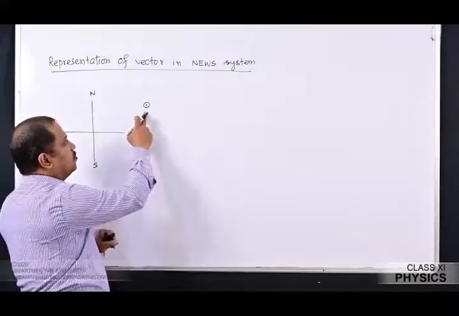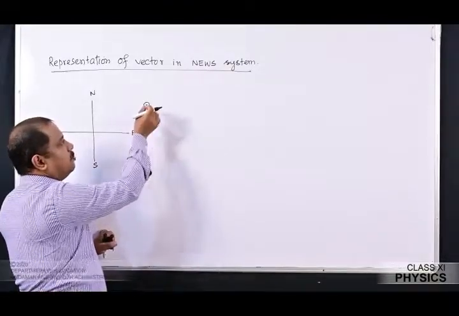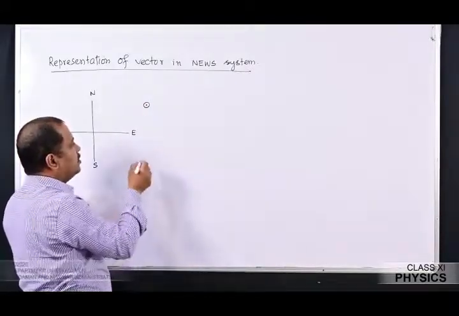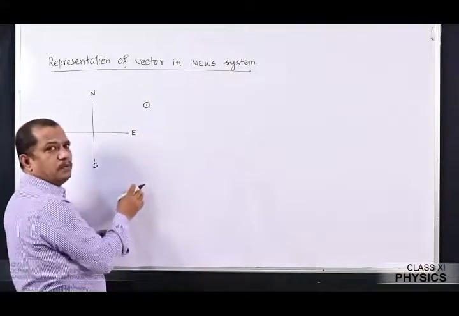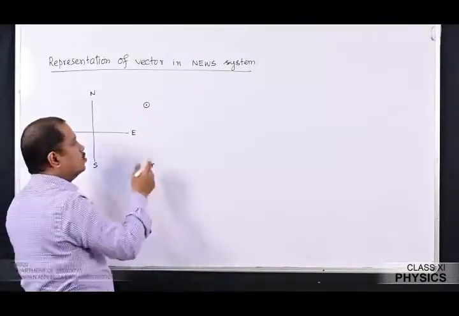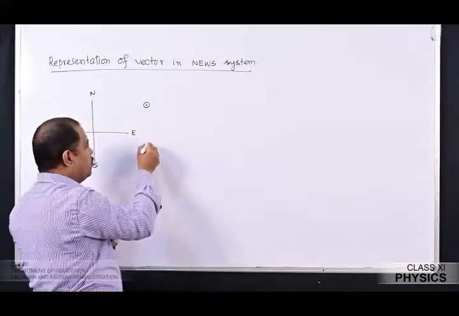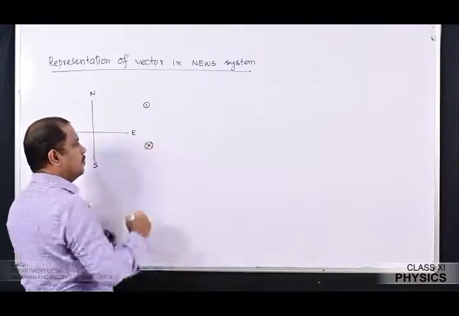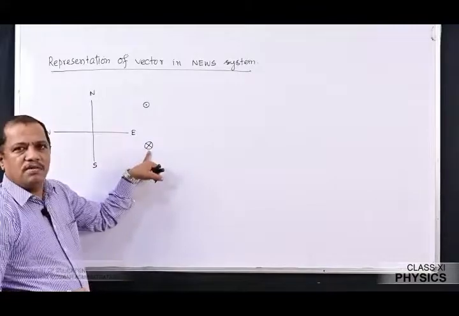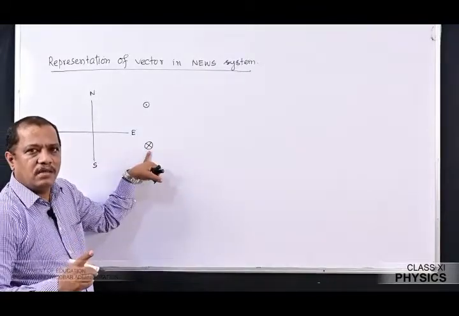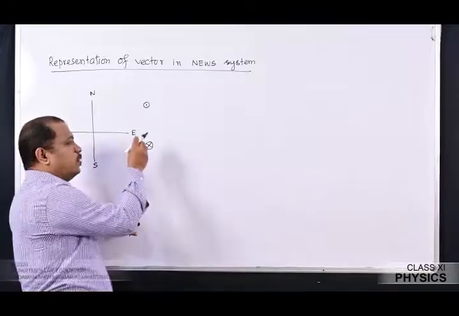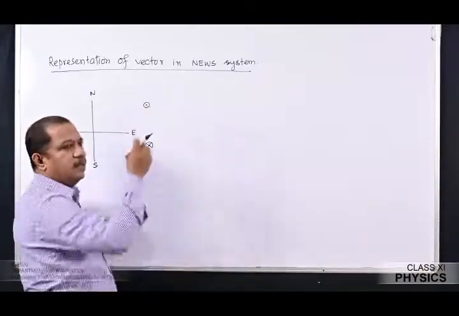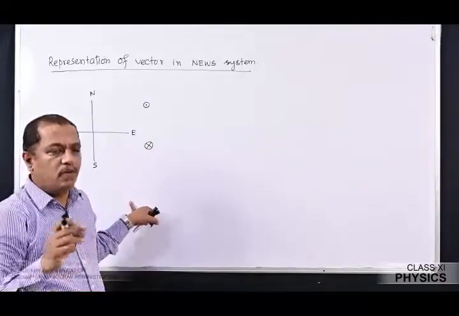So this would represent that my vector is pointing perpendicularly out of the plane of the board. I can also have a vector which is pointing right perpendicularly into the plane of the board. So when my vector is pointing into the plane of the board, then I would represent like this. So this symbol would tell me that the direction of the vector is pointing perpendicularly into the plane of the board. However, this would represent that the vector is pointing normally out of the plane of the board.